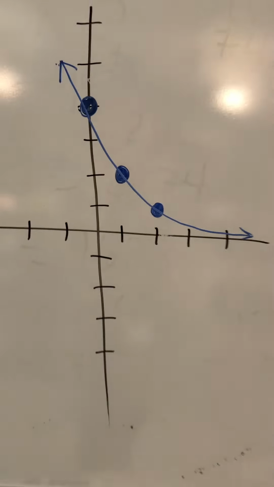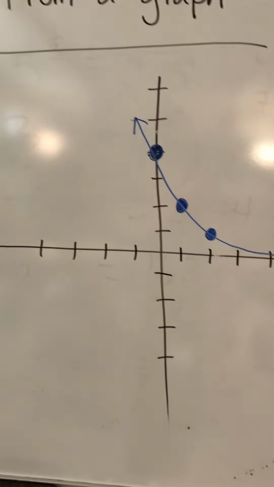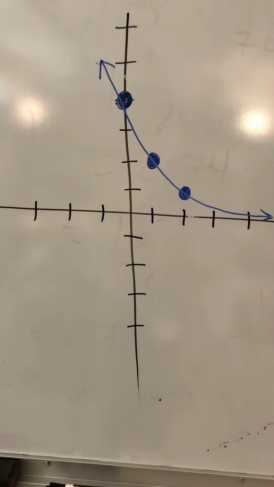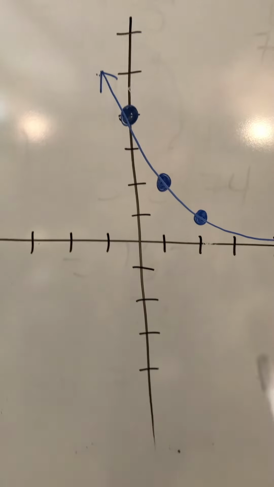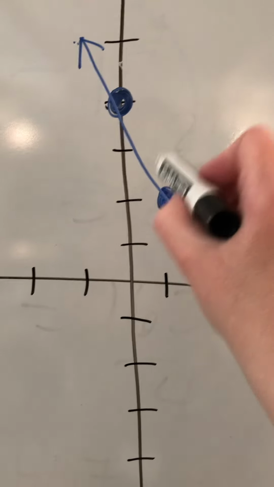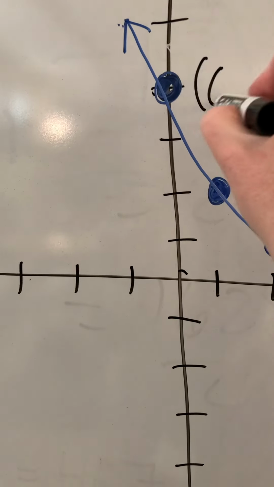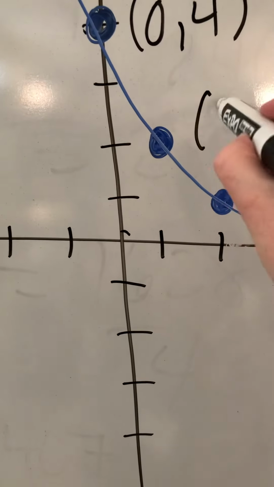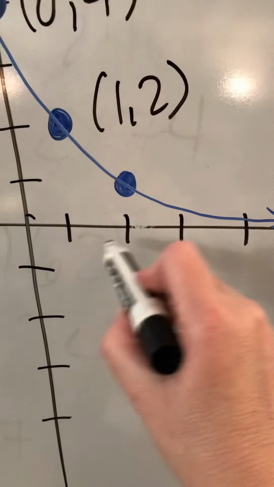Okay, then moving on, if you have a graph, because you do have a graph on your assignment today. So from a graph, what you need to make sure to do is find the points on the graph that are actually in the corner of the graph paper square, so you know that this is definitely 0, 4. This is definitely 1, 2. This is definitely 2, 1.